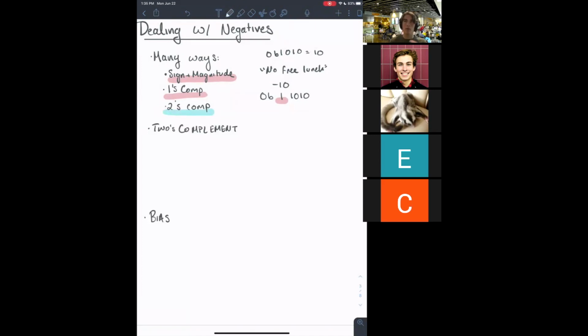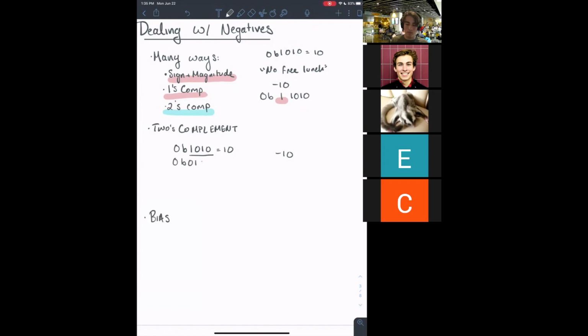So how does 2's complement work? Well, in the most mechanical sense, if I'm given a regular binary number, so no negatives, something we call an unsigned binary number, unsigned because there's no positive or negative sign. So in this case, again, 10, in order to generate a representation of -10, what I want to do here is flip all of the bits and then add 1.